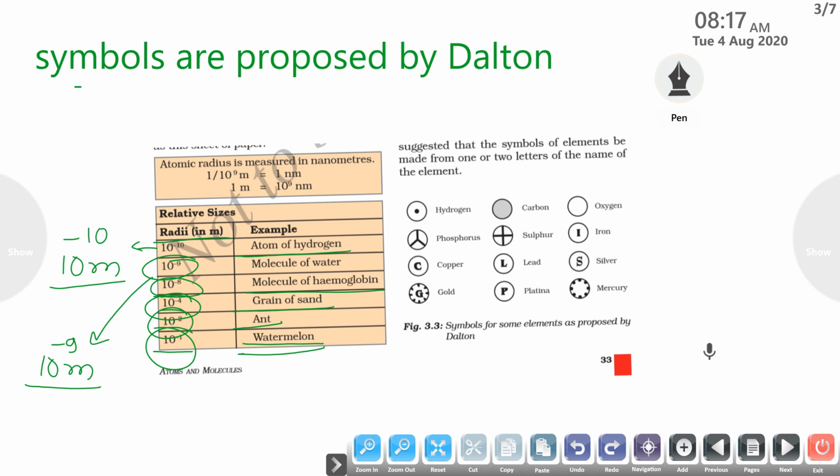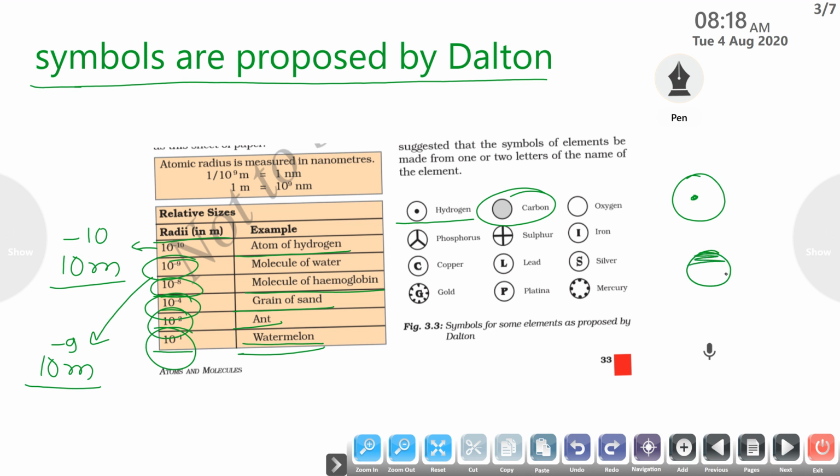Now here there are some symbols which are proposed by Dalton. Dalton proposed some symbols for the elements. Just focus here. Hydrogen is shown by a circle with a dot mark. Then carbon, it is a circle shaded with a color. Then oxygen, it is a symbol of oxygen.